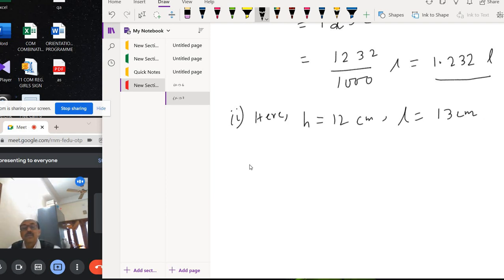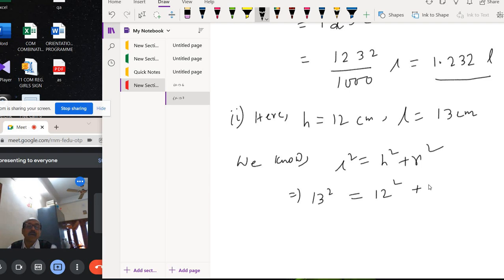So use that formula. We know L square equal to H square plus R square. Now L is 13, so 13 square equal to 12 square plus R square. 169 and 12 square is 144, so 169 equals 144 plus R square.